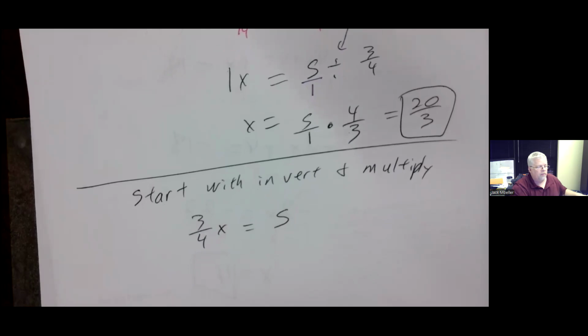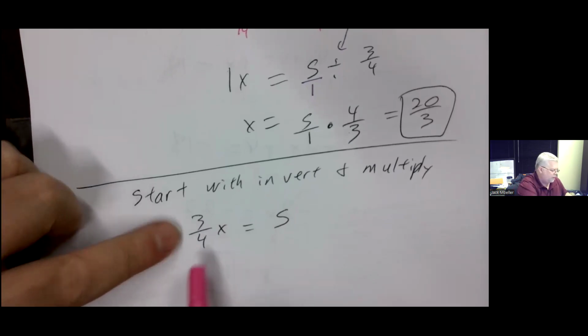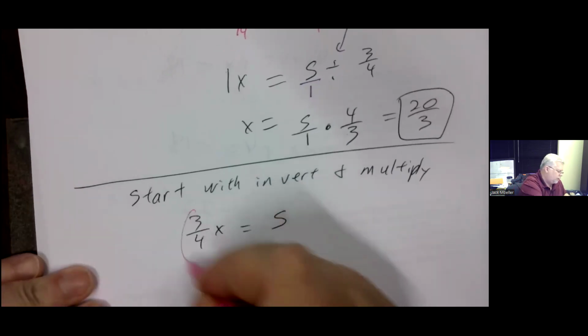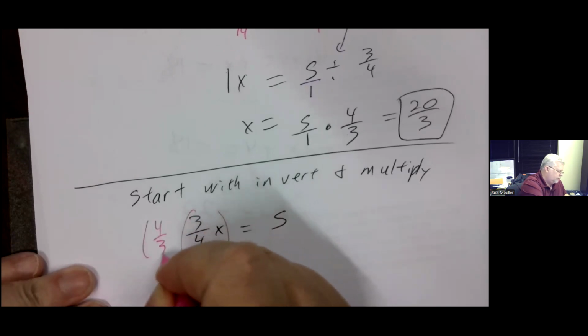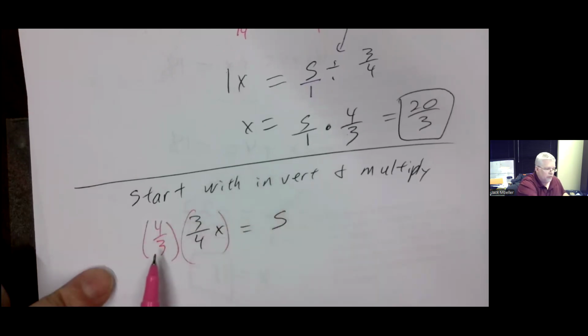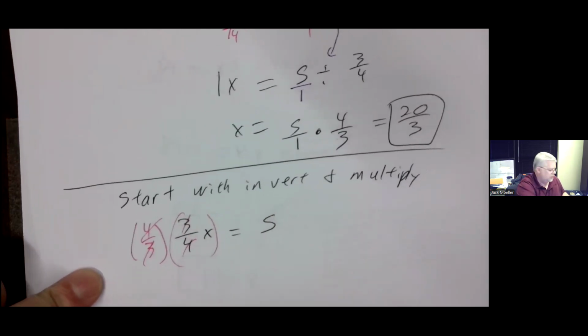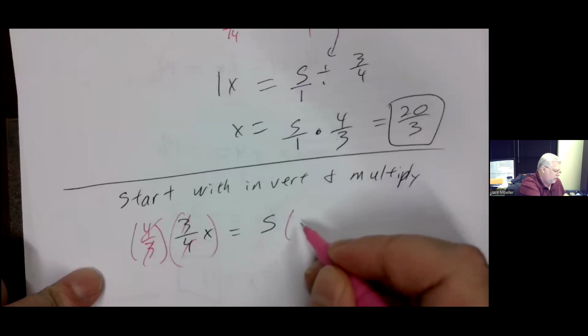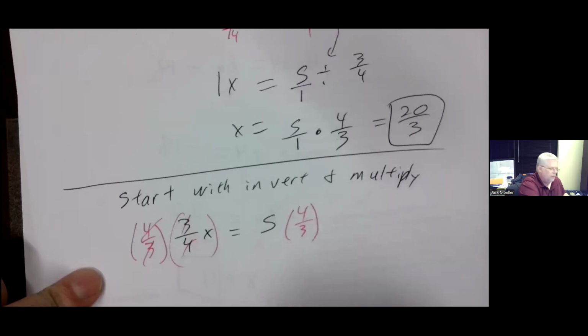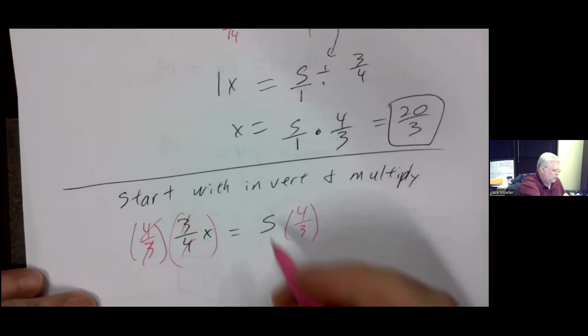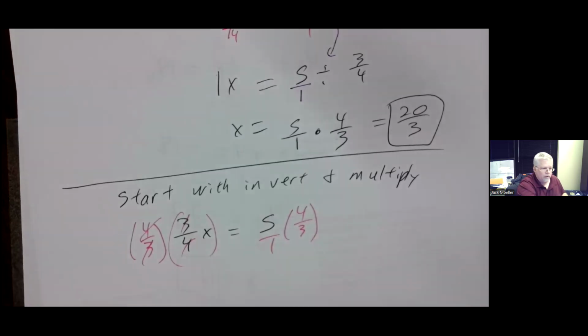All right, so when I say invert and multiply, instead of dividing by 3/4, I'm going to multiply both sides by 4/3. The whole reason we're doing this is 4 divided by 4 is 1, 3 divided by 3 is 1. So that's still putting the 1 in front of the x. And what we do to one side, we have to do to the other. So we're going to multiply both sides by 4/3. Again, let's put that over 1 to make it a fraction, easier to multiply.